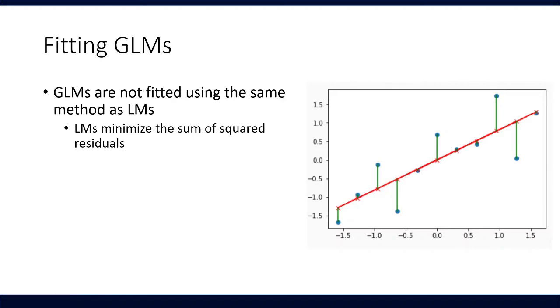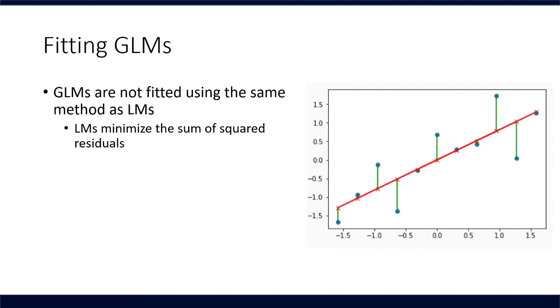Now, fitting a GLM is also a little bit different than fitting an LM. We don't need to actually do the math on this ourselves, but it does have important implications for us in understanding how to apply these different model types. So a linear model, an LM, when it fits itself to your data, is using a mathematical operation where it minimizes the sum of the squared residuals.